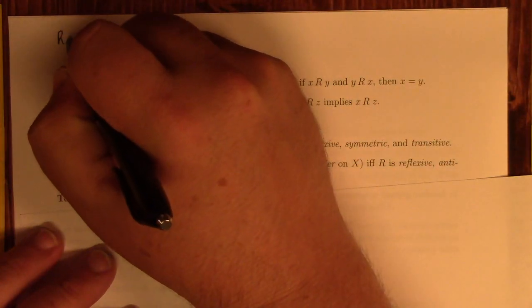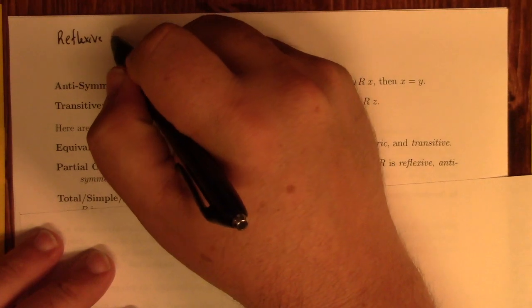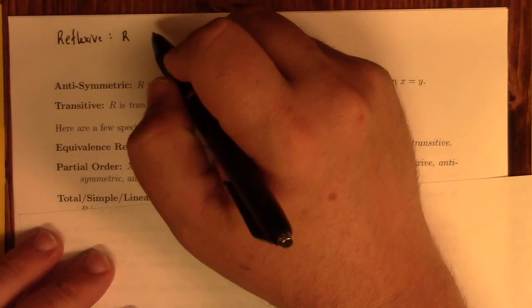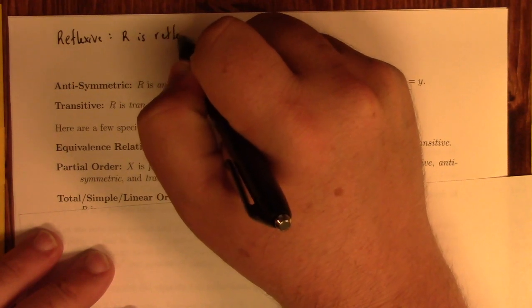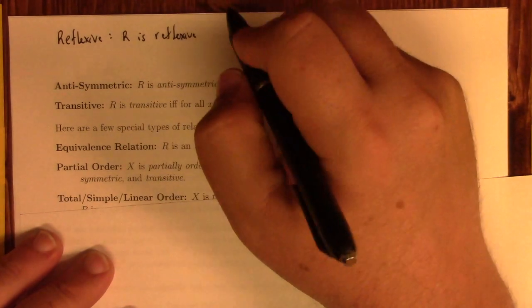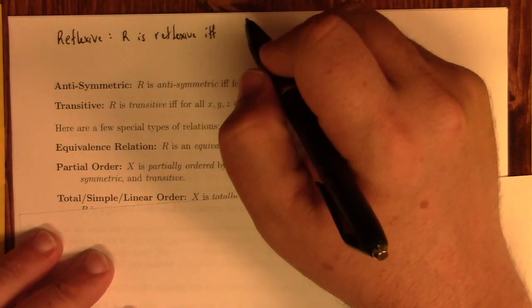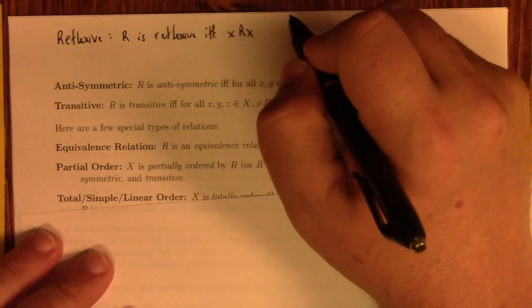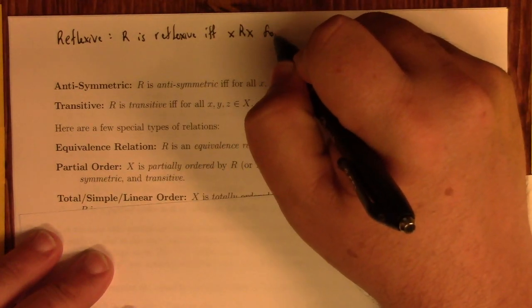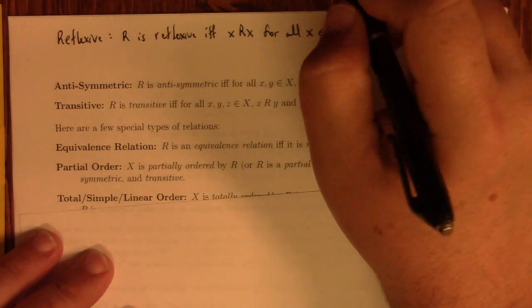Reflexive. What's that mean? R is reflexive if and only if X is related to X for all X in the set in question, big X.